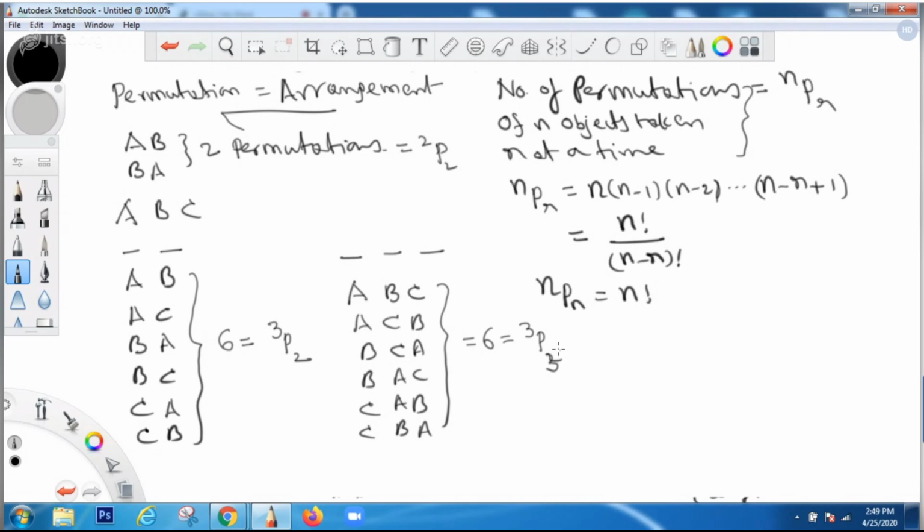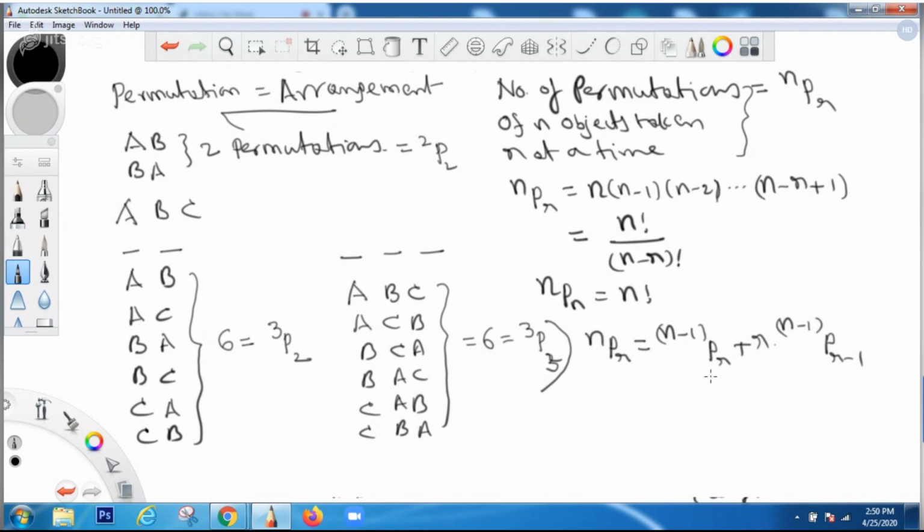After that, we have derived another formula also: nPr is equal to n minus 1 P r plus r into n minus 1 P r minus 1. This is also another formula you have derived in yesterday's class.